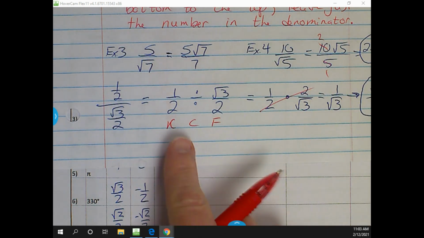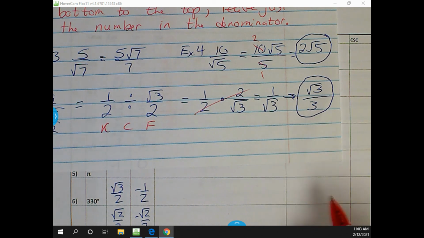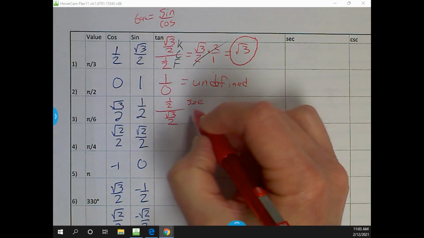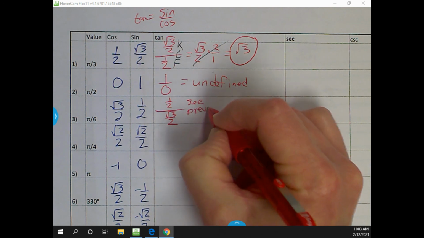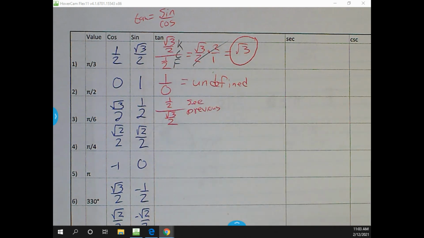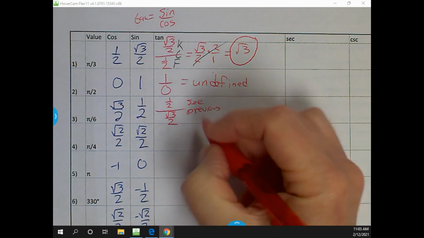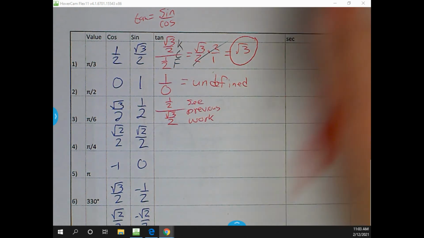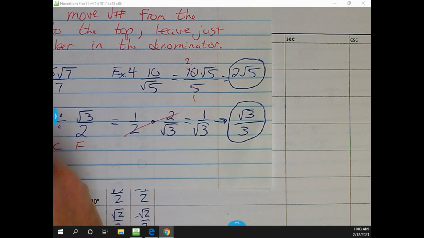We're going to keep it, change it, flip it. We would do all this other stuff. Eventually, we'd come out to square root of 3 over 3. So for this one, we can just say, see previous work. If you put it on the back, you can say, look on the back. If you did it on another sheet of paper, wherever you put it, just put a little note saying that's where we did it. But our answer is just going to be square root of 3 over 3.